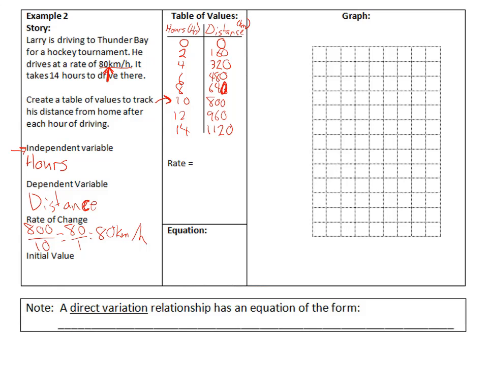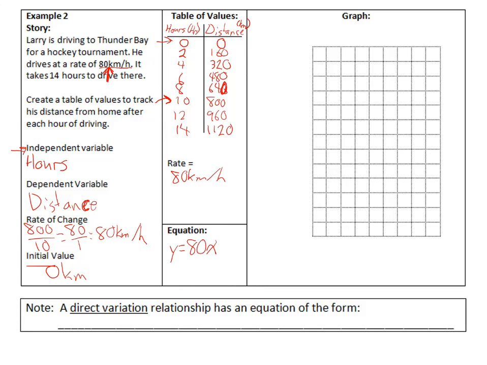Our initial value, well, when we started at 0 up here, was just 0 kilometers. Just ignore that line. For some reason, my tablet does that from time to time. The rate that we're driving at, well, we just bring that over, is 80 kilometers per hour. The equation that this looks like, well, it's just y equals our rate times x.